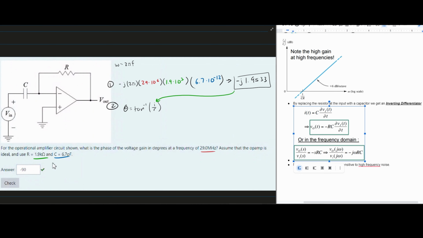Now our real number, remember, is 0, but we can't plug in 0, so we have to plug in something that's basically 0, like 0.0000 with tons of zeros and then a 1 here. If we do this, we're going to get about negative 90 degrees. So that is how we would get negative 90 degrees for this, going off the notes that are in the description.